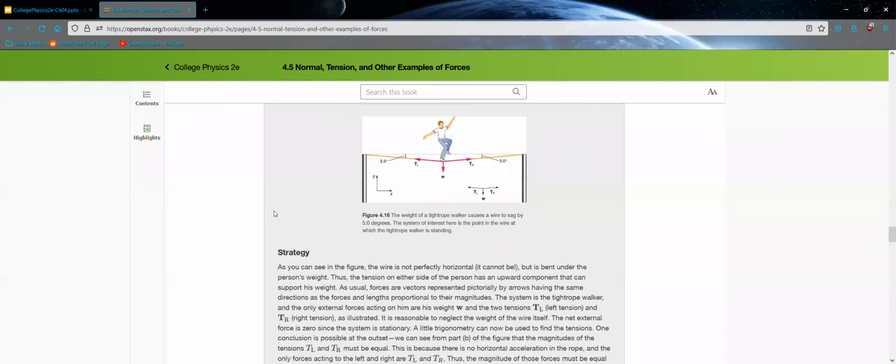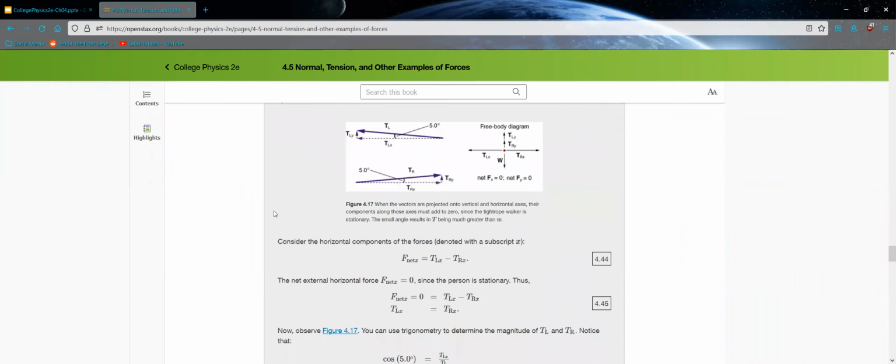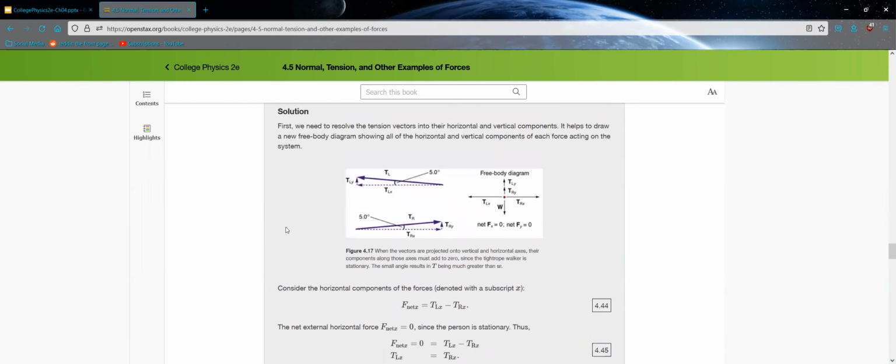So tension is a way of describing force, right? We could take our question and break it down into its subsequent parts. We know there's a 5-degree angle, and we know that there's a left and a right side to the rope. So take what we talked about from previous chapters.